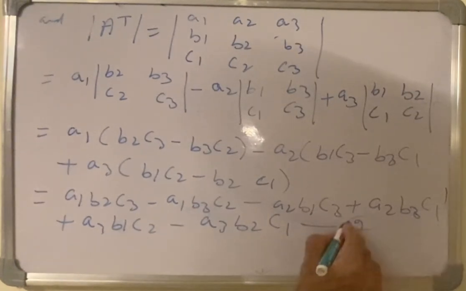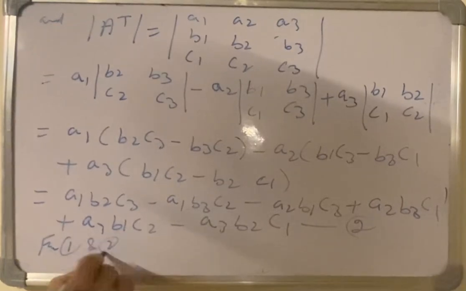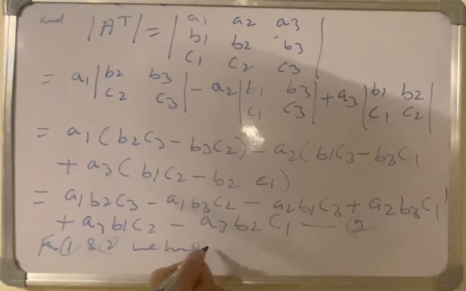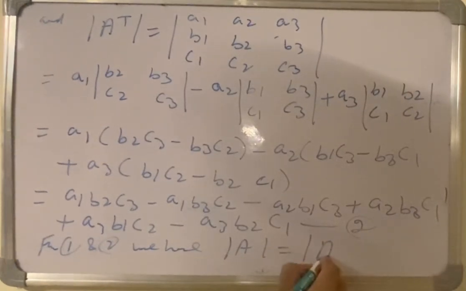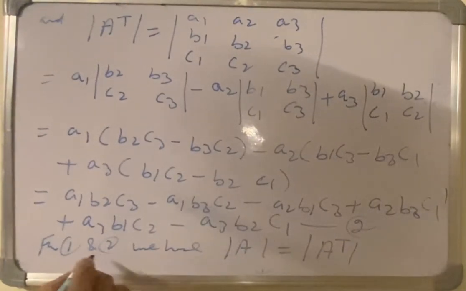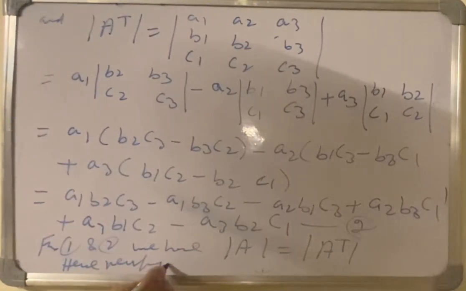This is number second. From first and second we have determinant A is equal to determinant of the transpose of A, hence verified. So in this way we have verified the first property.